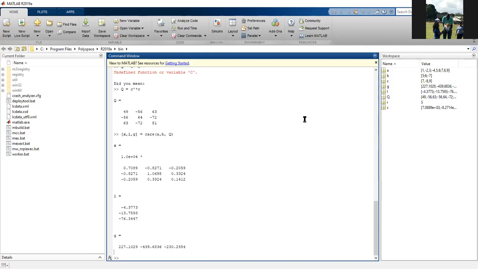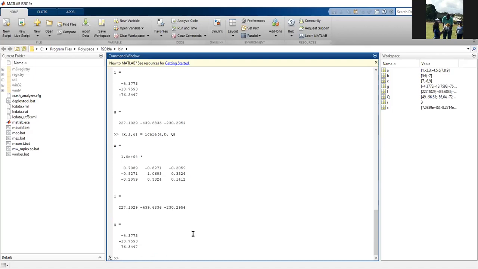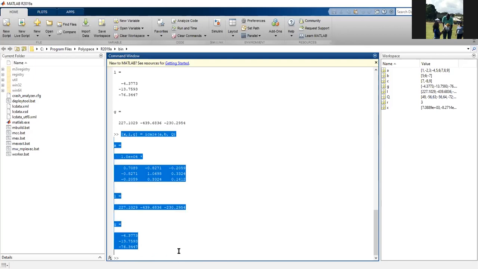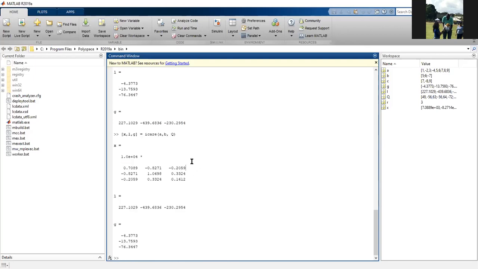All right, so type in icare from it. So the same thing, XLG equal icare. I think you probably have to type in more variables. The same is the same response.